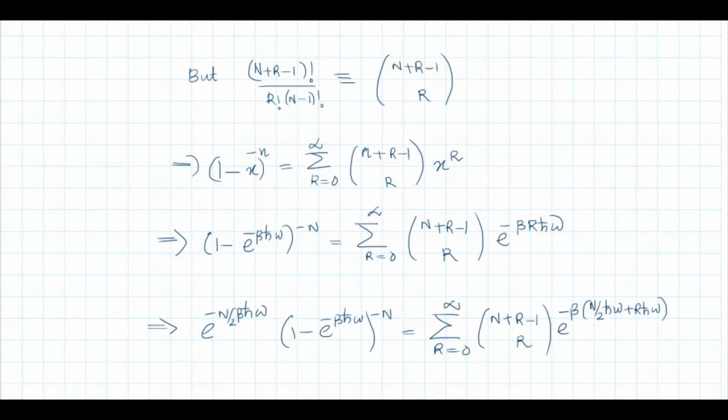Now this can be represented in another way, an equivalent representation: (n plus r minus 1 choose r). So (1 minus x) raised to minus n can be represented as sigma r equal to 0 to infinity (n plus r minus 1 choose r) x raised to r.